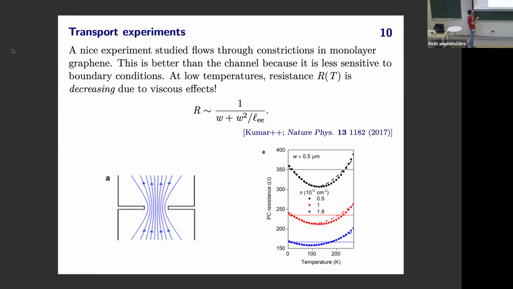And this is a hydrodynamic effect. In the data, this solid line that's shown right here is essentially a quantitative prediction with the right prefactor, at L_ee is infinity.